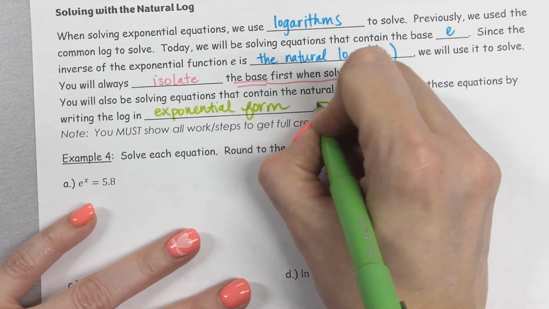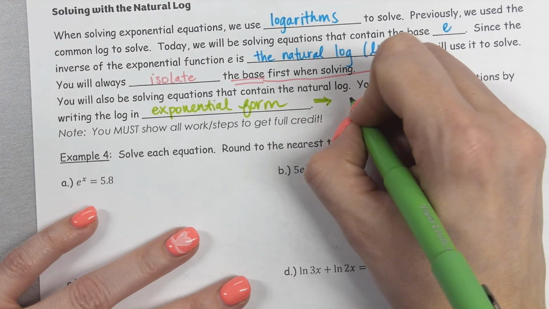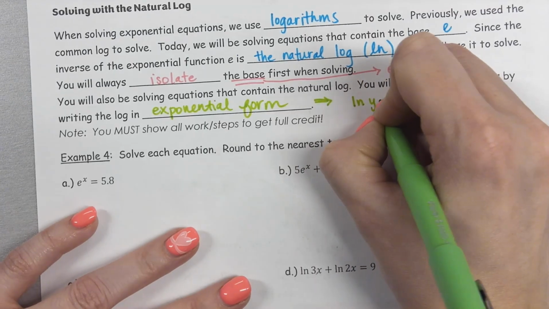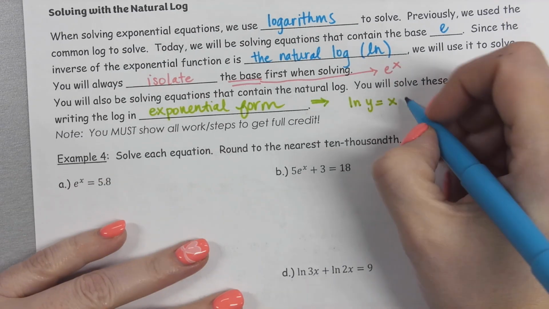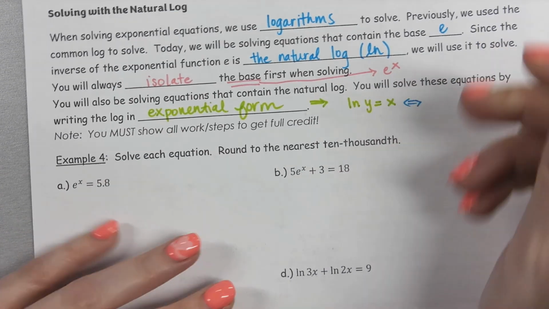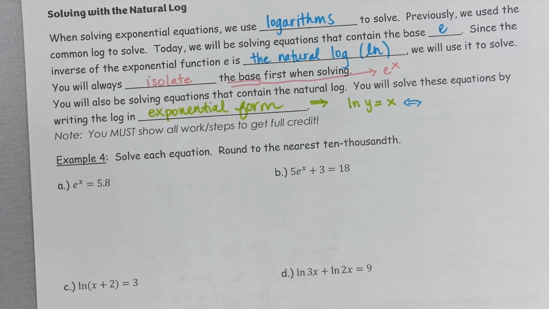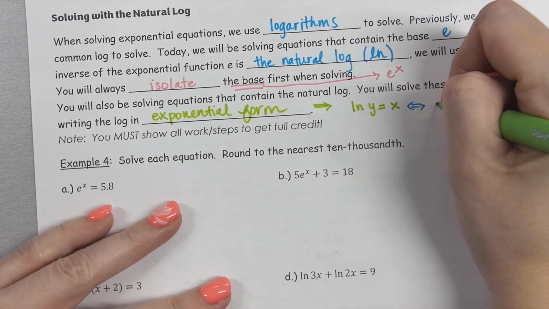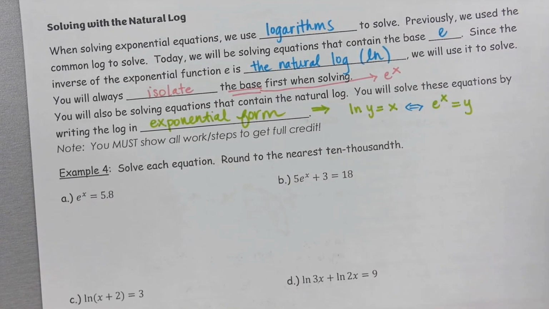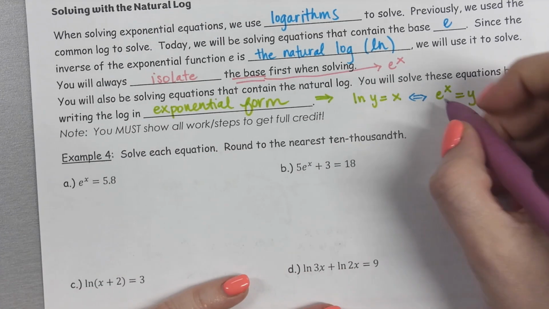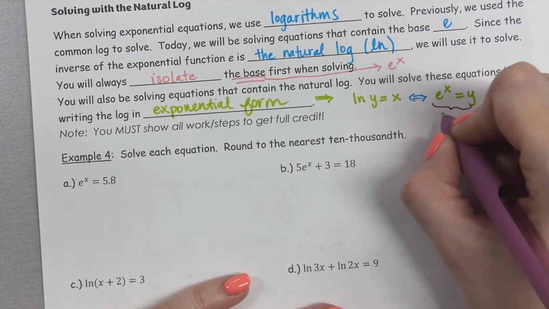So you would be given something like this: the natural log of y is equal to x. What you have to do is rewrite that, so it's e to the x equals y. This is the exponential form.